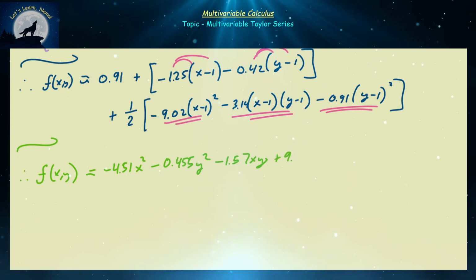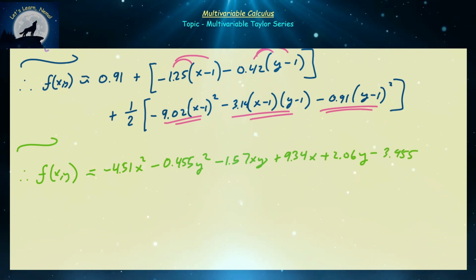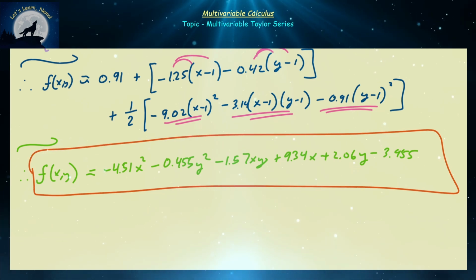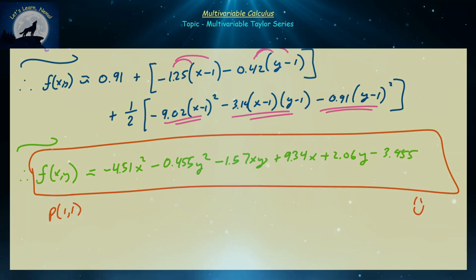Then our linear terms, positive 9.34x, positive 2.06y, and then our constant term 3.955, right? And that is our quadratic approximation to our original function. As long as our points of interest are near (1, 1), then this will on average give you decent approximations, a lot better than our tangent plane approximation.